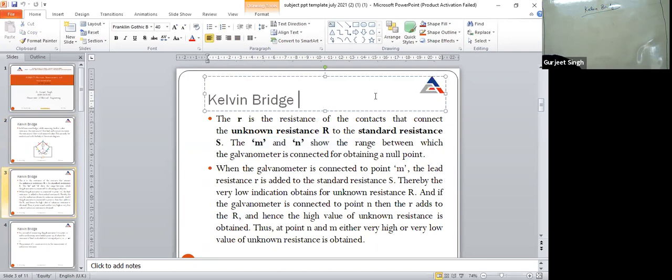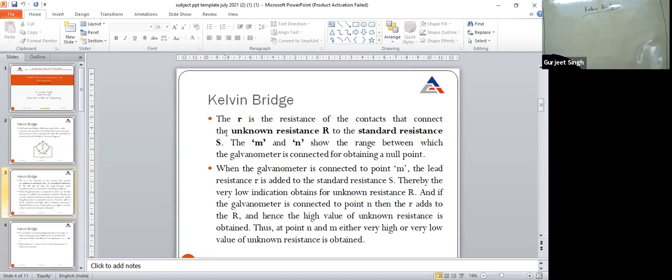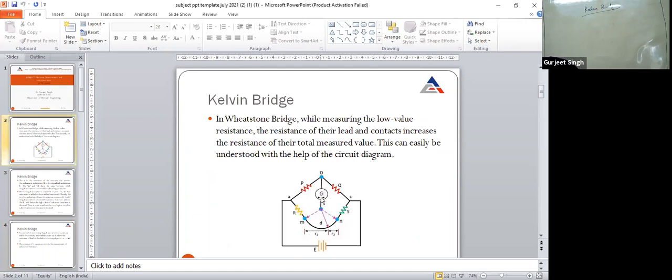So where will we connect the galvanometer? Instead of connecting the galvanometer to the point M or to the point N, we will choose the intermediate point D, where the lead resistance r is divided into two parts, r1 and r2.